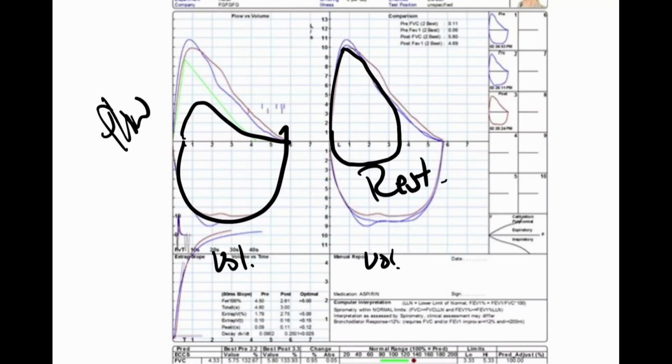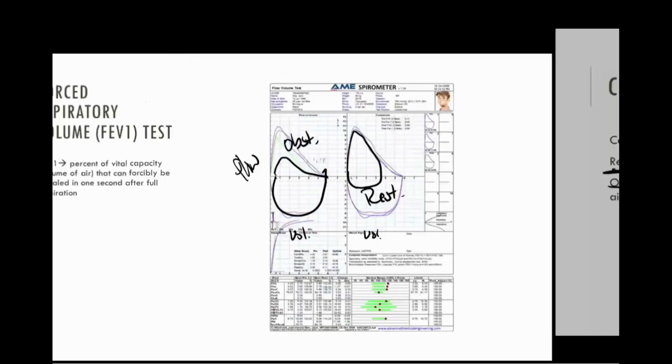This is restrictive. That's obstructive. This will not be on your test. This is just reinforcing what we're talking about with flow. So think about restrictive or obstructive. Is this restricting the filling or is it obstructing the flow of air?